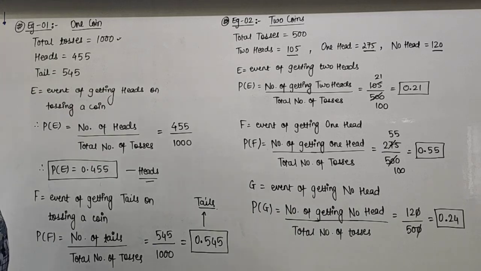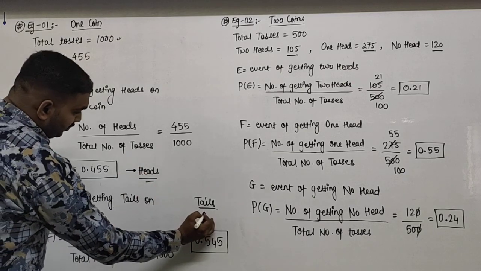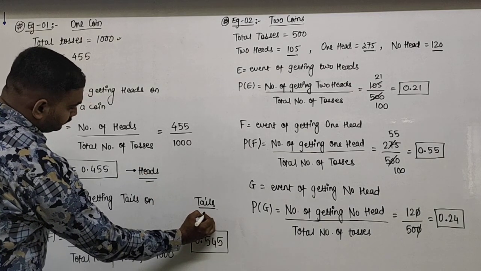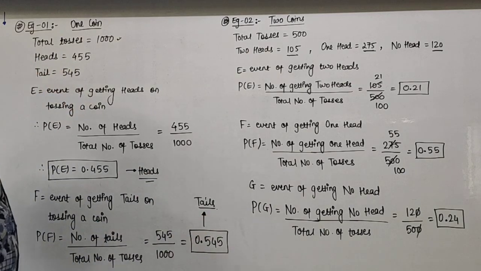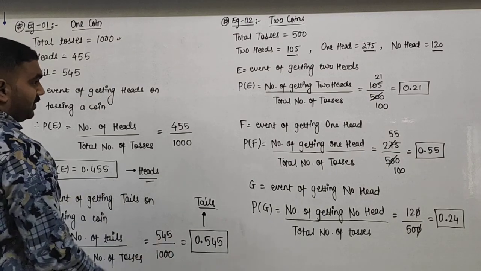Now one thing you might note: in the first example, what can we see about the probability of getting heads and the probability of getting tails?